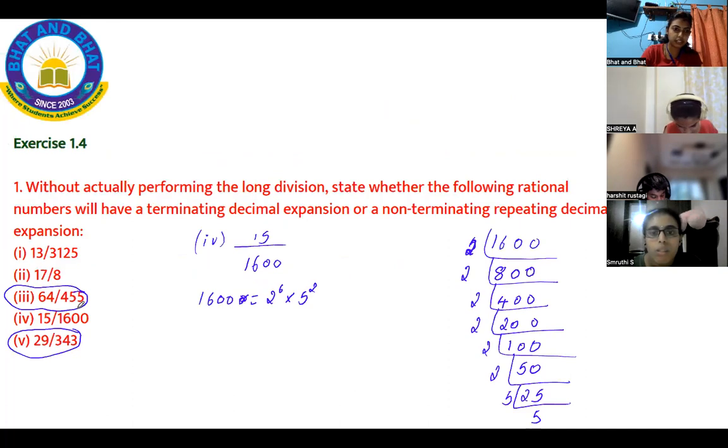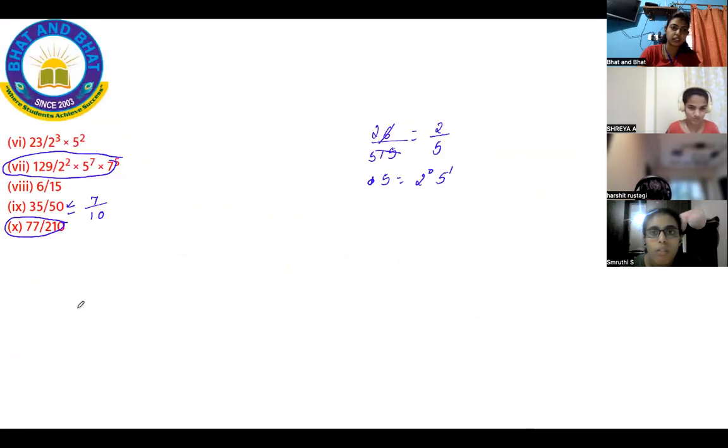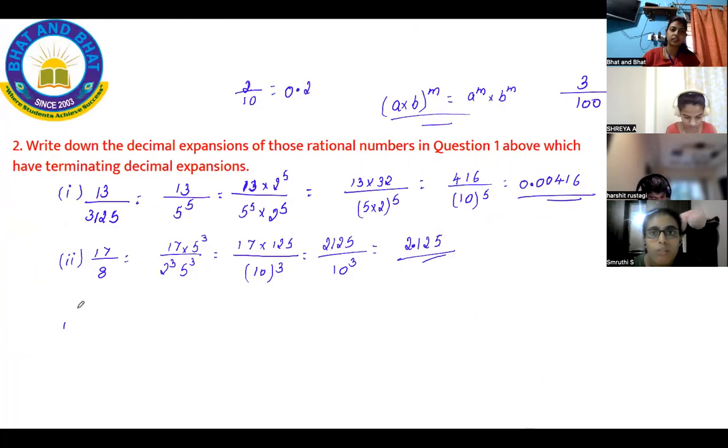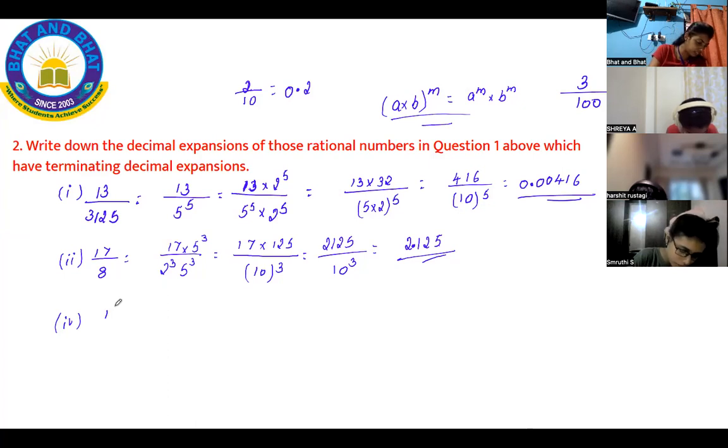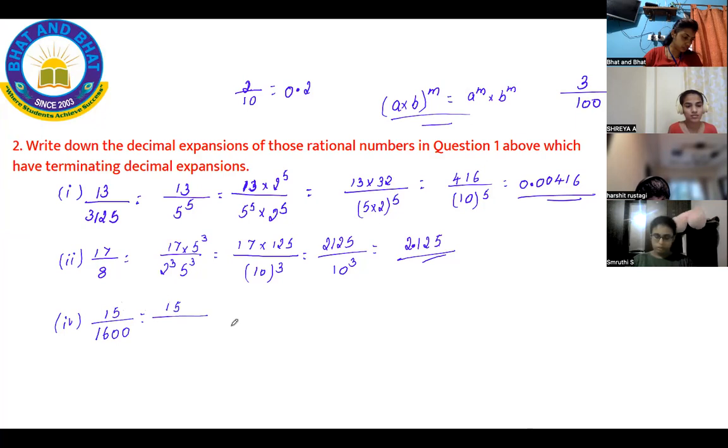So question number 4, 15 divided by 1600. What did we get for this? Divided by how much did we get? 2 raised to 6, and then 5 raised to 2. Okay, fine.